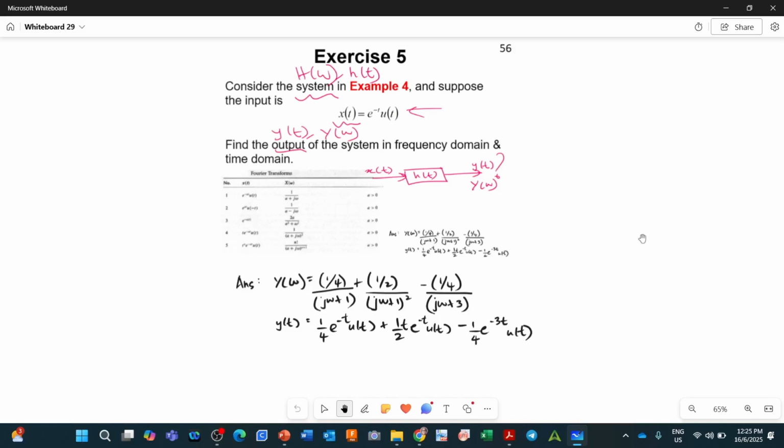After you get that, I simply convert it back to the time domain using the inverse Fourier transform. This one is A.